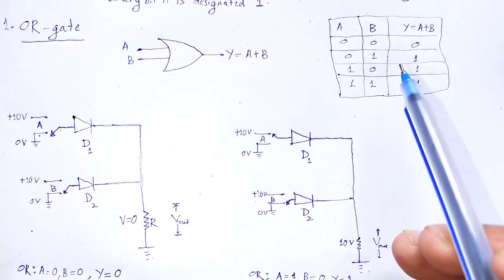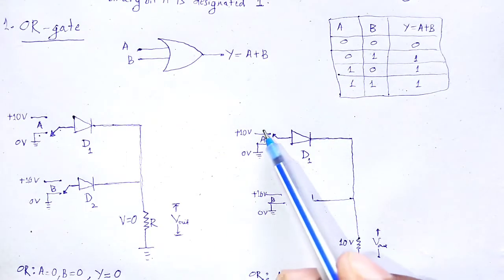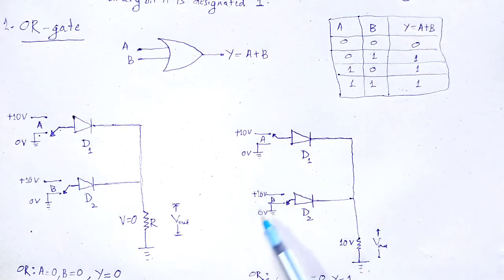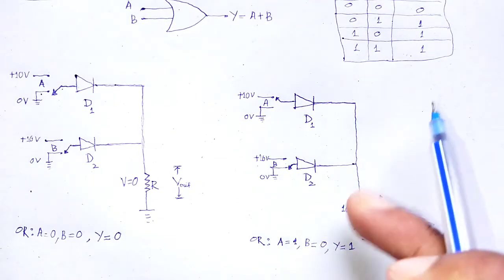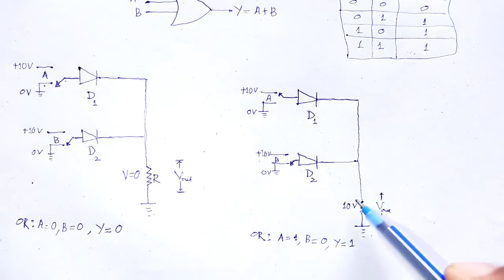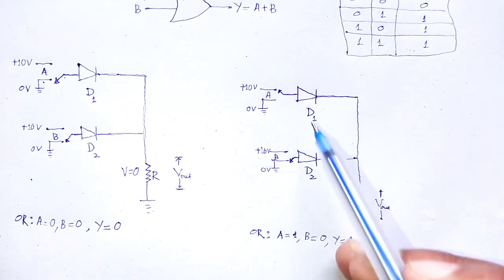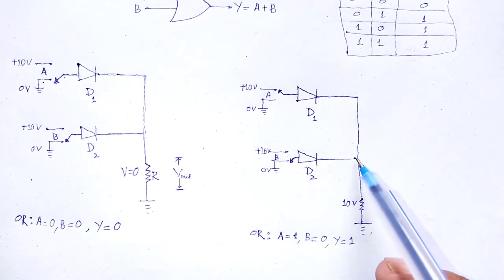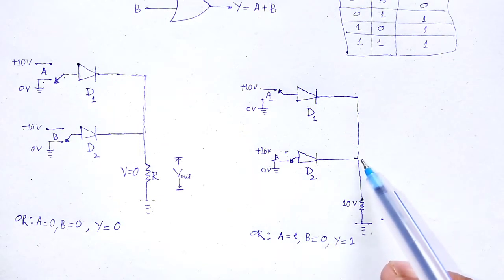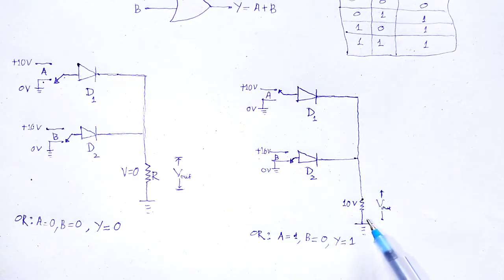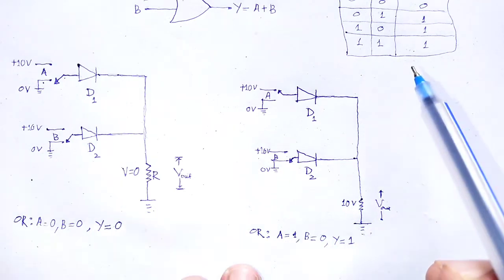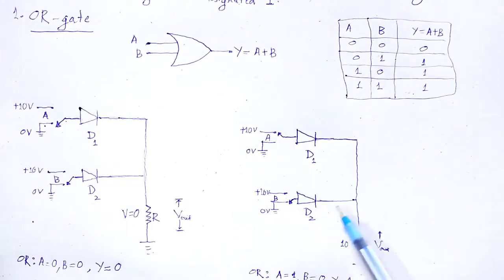Similarly, for another situation, if A is equal to 0 and B is equal to 1, just the reverse condition, in a similar pattern the output voltage is 10 volt, meaning one diode is off but the other is on. That closes the circuit. It is in the switched on condition, and at V output the potential drop is 10 volt. In this way, we realize the OR gate by using diodes.